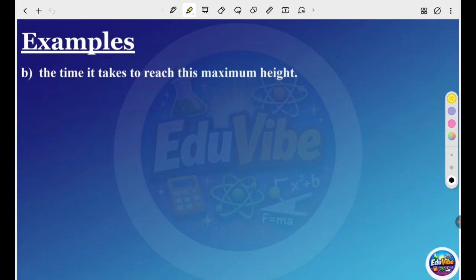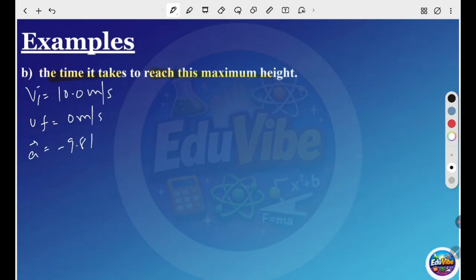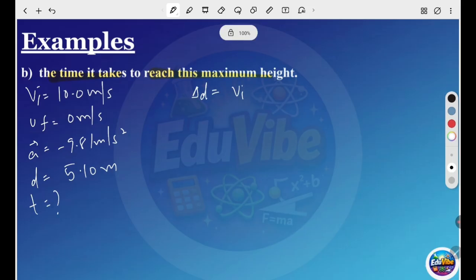Next is the part of this question about the time it takes to reach its maximum height. Now we have to find how much time it takes to reach that maximum height. In that case, vi is the same, 10, vf is 0, and acceleration is again minus 9.81 meter per second square. Now we have d of 5.10 meters, and we have to find the time. We know from the kinematic equation that d is equal to (vi plus vf) upon 2 times t.